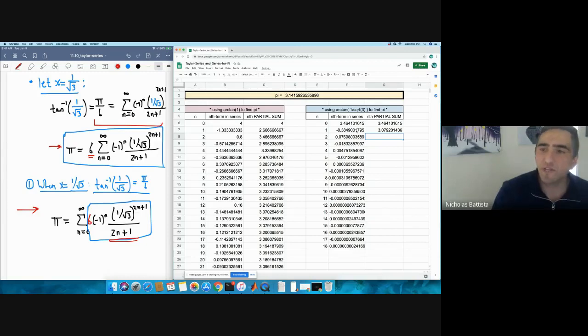And we could keep doing that. The next partial sum's equal to, well, the value of the previous partial sum plus the next term in the series. And we could keep doing that manually, or we could highlight the 2 partial sum values we just put in based on the previous values, highlight and drag.